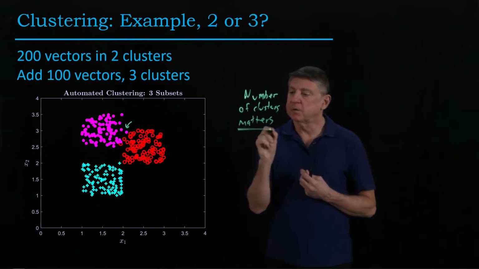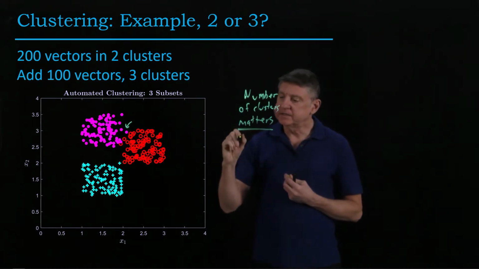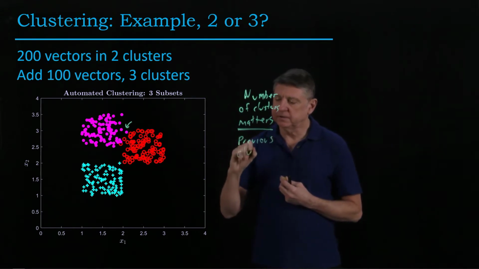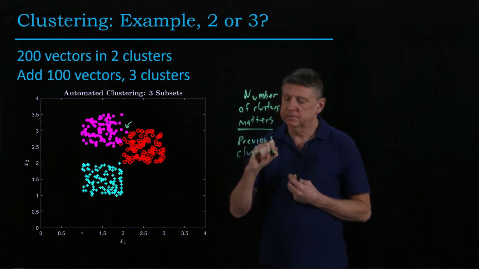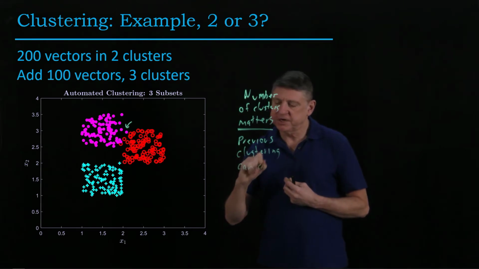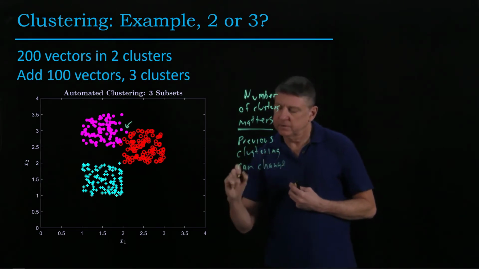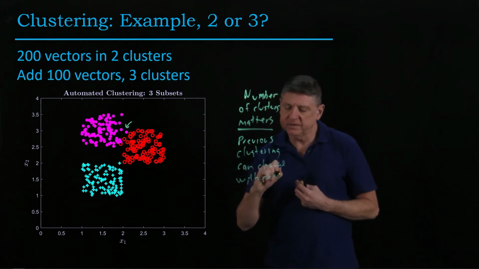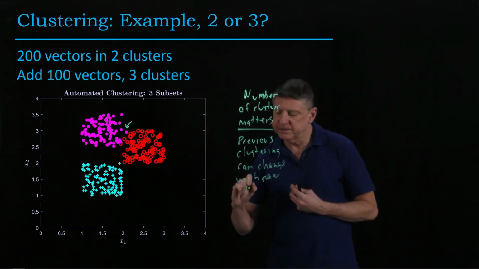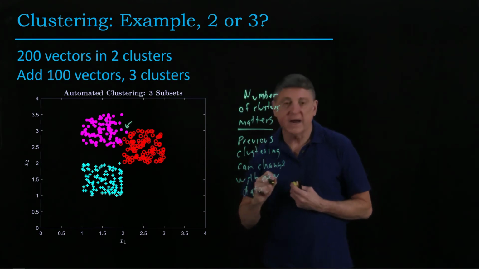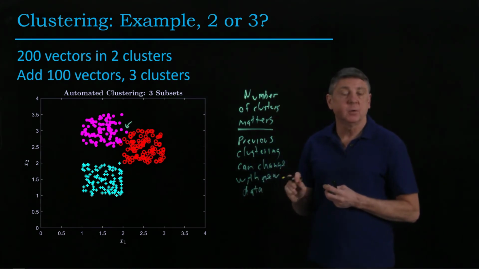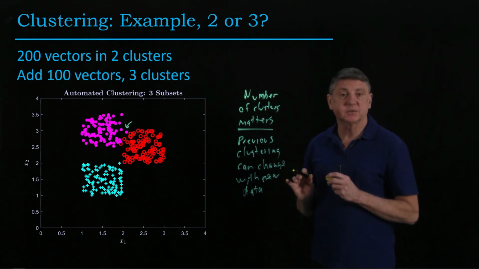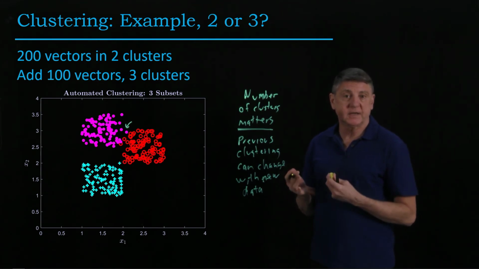And then another observation we can make is that previous clustering can change with new data. And both of these are important observations that we have to keep in mind when we do machine learning of data or data analysis or data mining of some data that we're given.